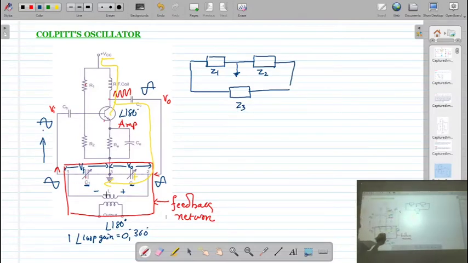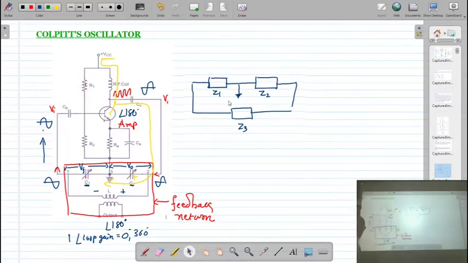Z3 is nothing but an inductor in case of the Colpitts oscillator. Then, if you remember, in an equivalent circuit we are representing the transistor. So the transistor we represent with the input impedance of the transistor, and that can be represented in this way.